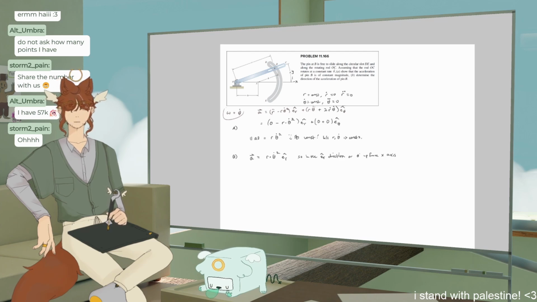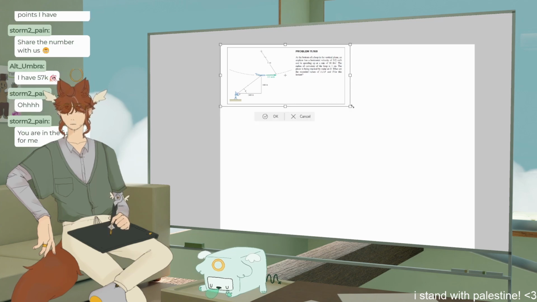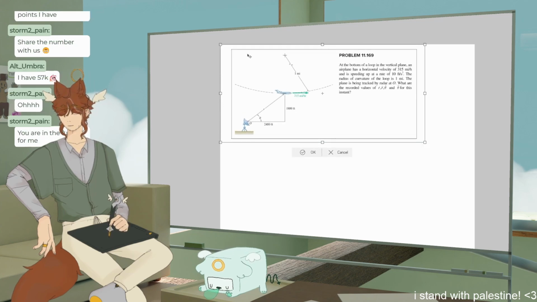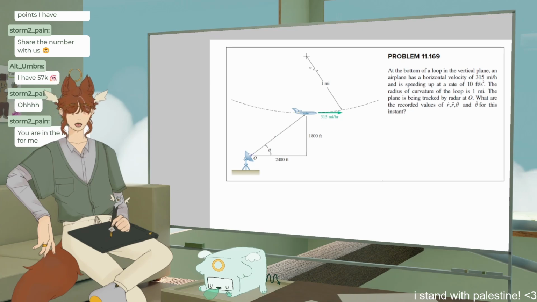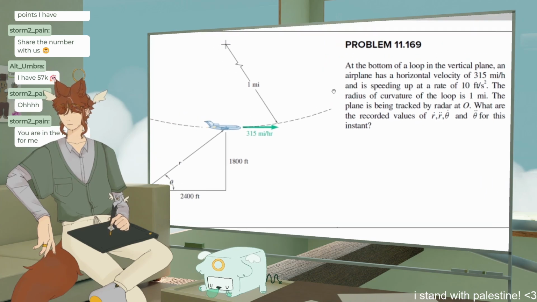That's crazy. Okay, I guess this is just the last. I thought that other problem would take longer. Okay, let's see. We got a plane. Love planes. At the bottom of a loop in the vertical plane. So I'm guessing we're using polar though, because we have r dot and r double dot.